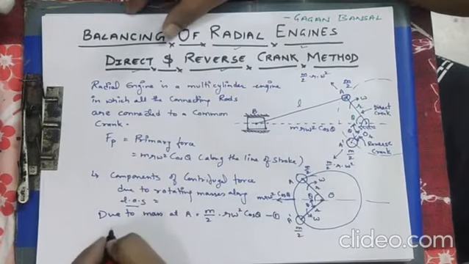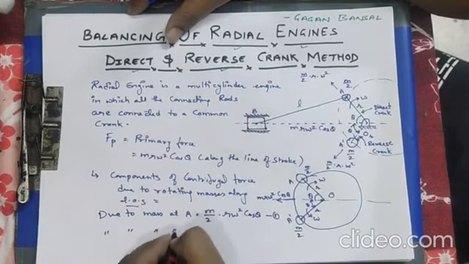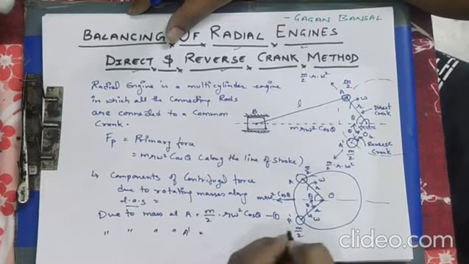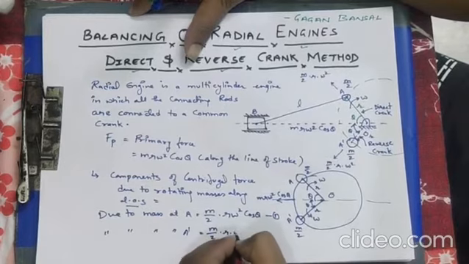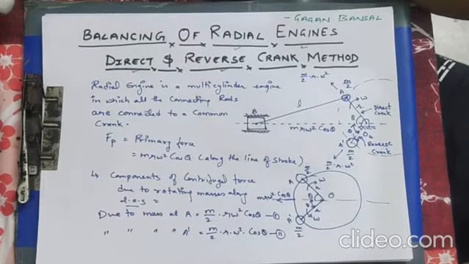Hope it is clear. Similarly, due to the mass at A dash will be how much? Same centrifugal force m by 2 r omega square, and the component will be cos theta.